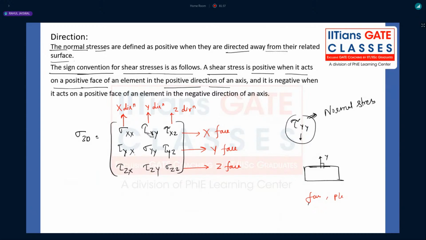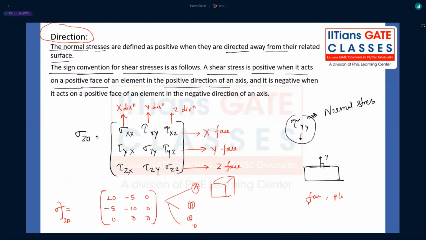Till now, these notations or directions have not been tested in GATE examinations, because the moment I give the matrix, something like this, 10, minus 5, 2, minus 5, suppose for example 0, minus 10, 0, 0, 0, 0, and if I frame four options A, B, C, D by cubical element representations, right?